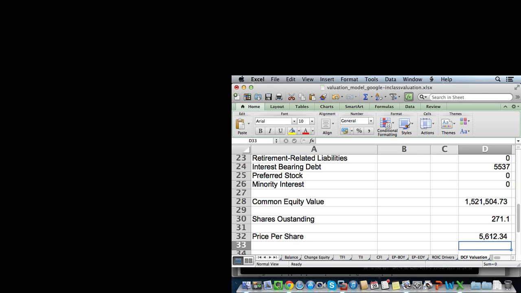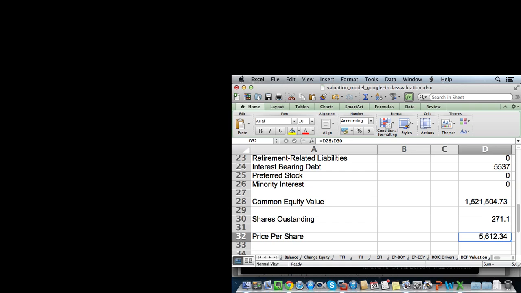So that gives me a share price of $5,612.34. It's a little higher than what Google's trading at today. But then again, Google's not going to probably maintain their margin and grow 34% a year for the next forever. So that would probably be an unrealistic share price. And that's what we have to do. Next, we have to figure out what is a realistic share price as we adapt the model.